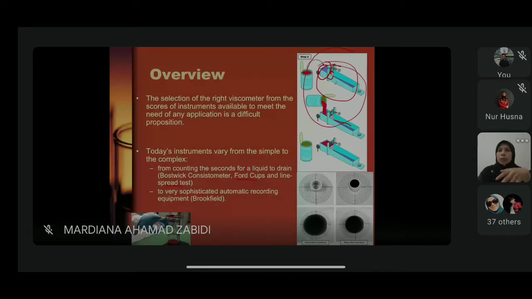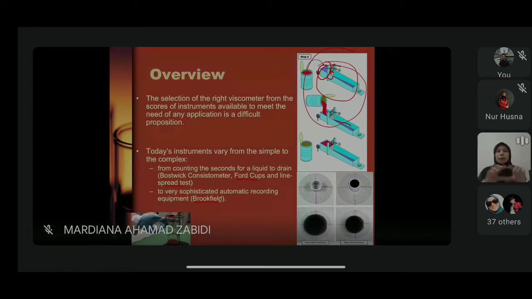Some of them said it is a very old school style, but it is not a matter of old school or new technology. It is a matter of using that particular viscometer according to the product itself. And then we have another one that is very widely used in industry, known as the Brookfield viscometer.